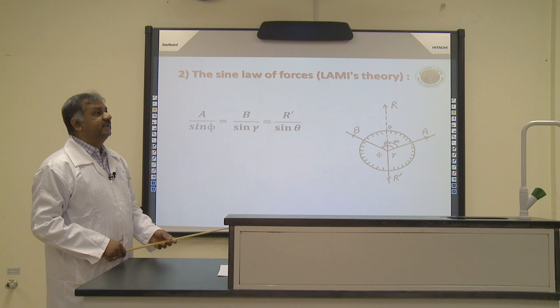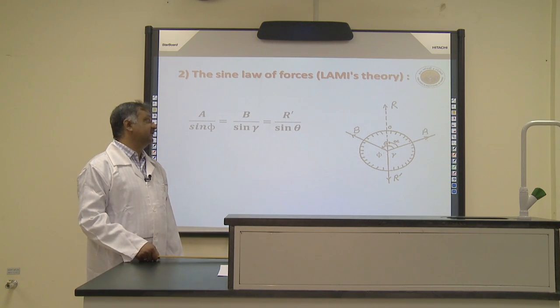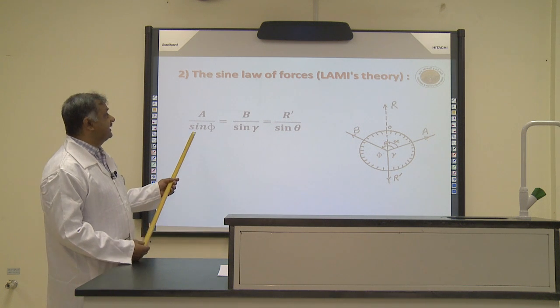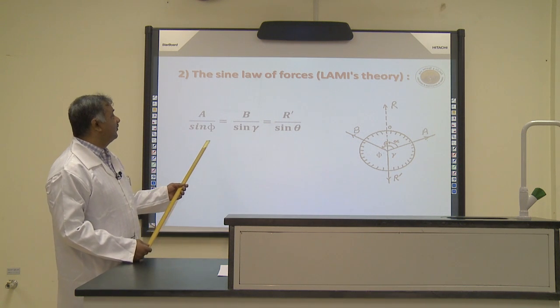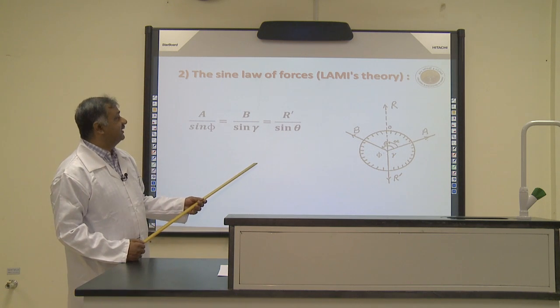And then the second objective we have mentioned is Lami's theorem, or law of sines. The law of sines is formulated as a over sine phi equals b over sine gamma equals r dash over sine theta.